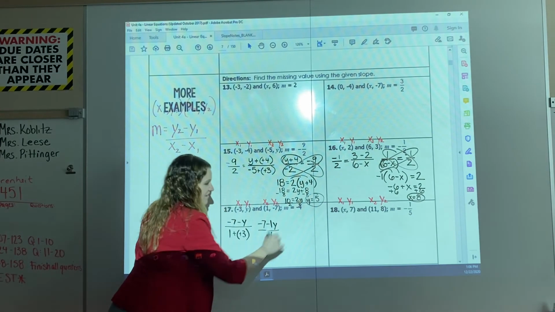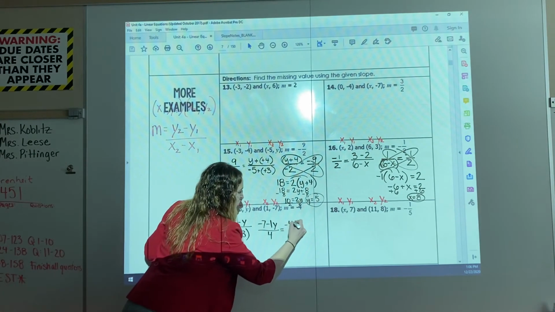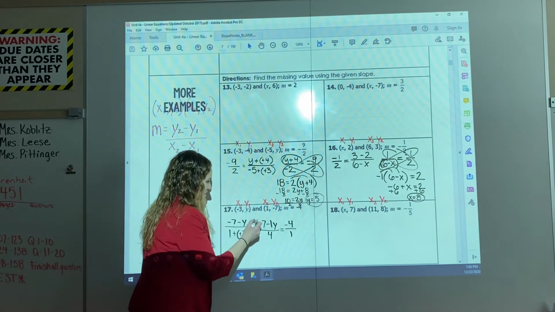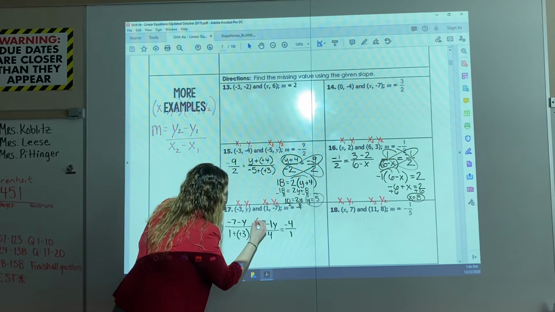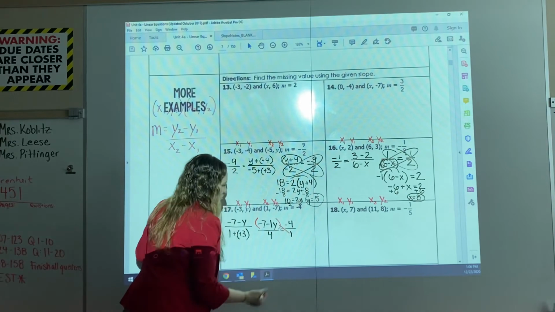They tell us that our slope is negative 4, and I know that's negative 4 over 1. So let's cross multiply. Let's get my red out here. Make sure that we package with parentheses. We'll cross multiply here.